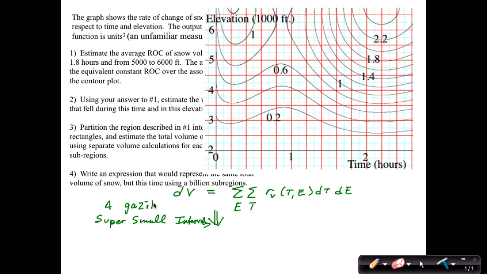Is gazillion a real number? Yeah. Is it really? Oh. He said, yeah. So if we use now a gazillion super small intervals, this double sum becomes a double integral of the rate function.